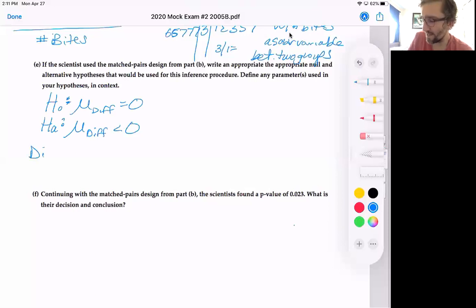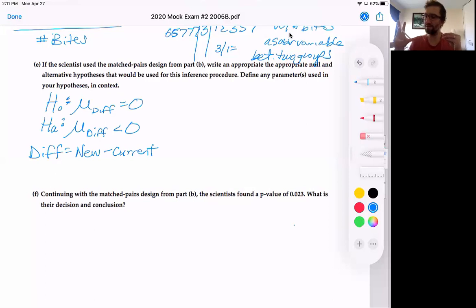I will define diff as the new minus current. If new is going to work, there'll be a smaller number minus a bigger number. So that would be a negative number if it's working well. You could very easily switch current and new. You'll just have to be careful to switch your inequality sign to be greater than 0 if you did current minus new.